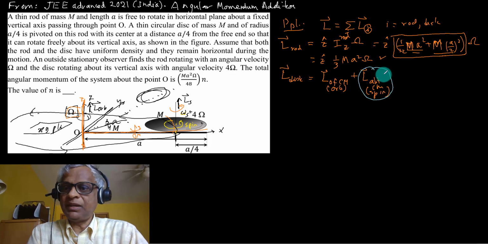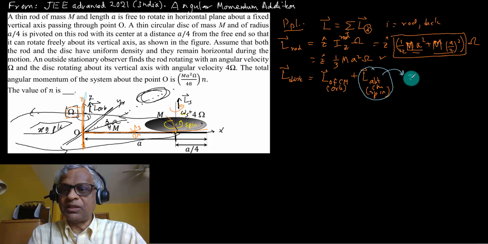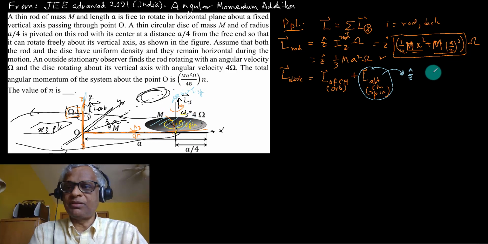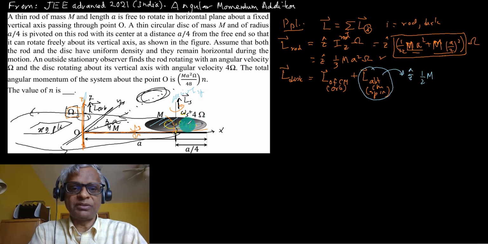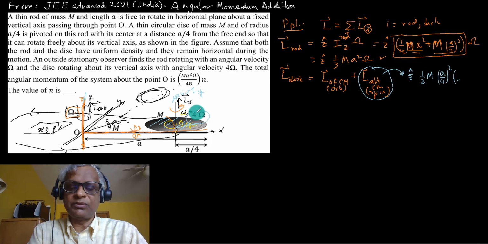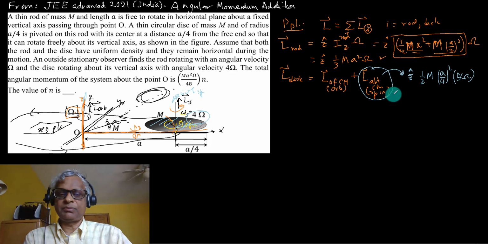By the right hand rule, it's again parallel to the z axis, so we have z hat, and the axis for the spin part is here. So the angular momentum is half m, the radius of the disk is a over 4 squared, and the angular velocity of spin is 4 omega. So that's for the spin part.